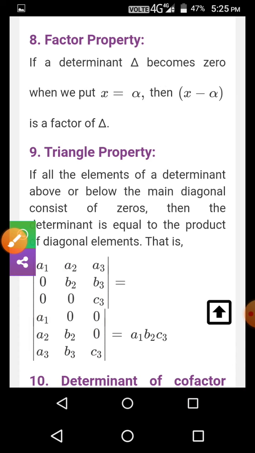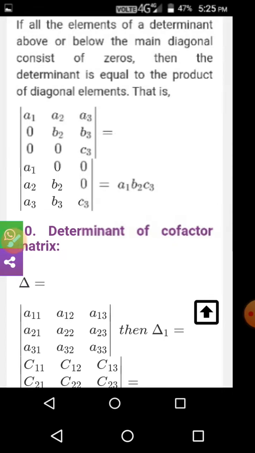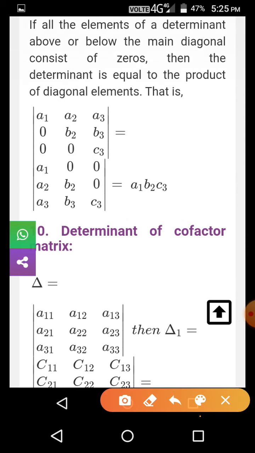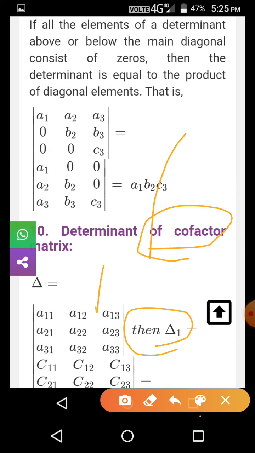Next one is the determinant of cofactors, which we will see in detail. If any determinant is delta, then delta 1, the determinant made of the cofactors, will be delta square. It depends on the order of the determinant.